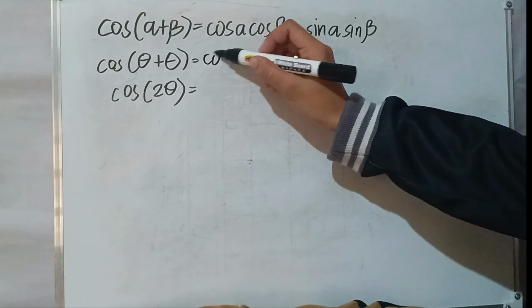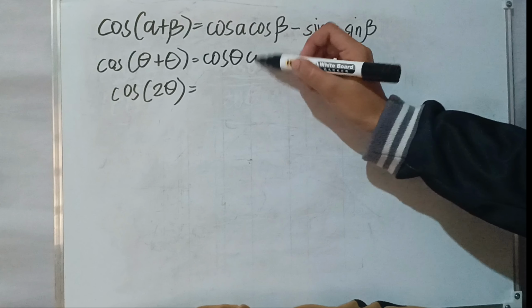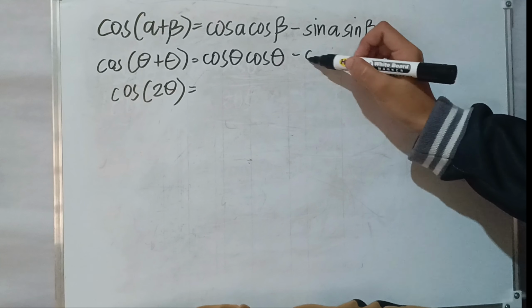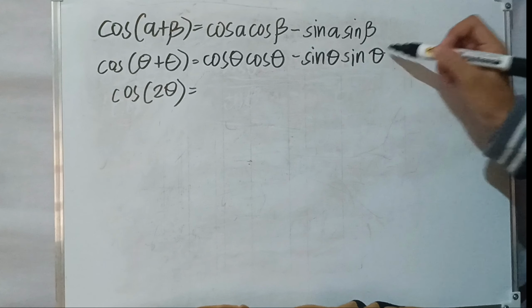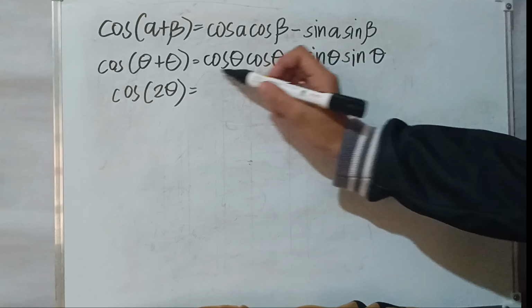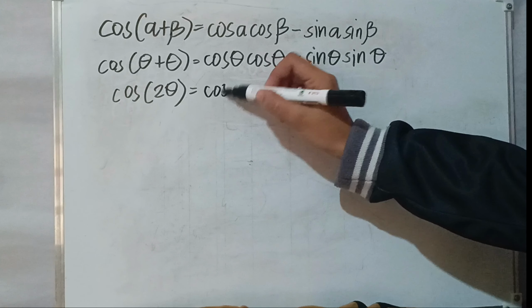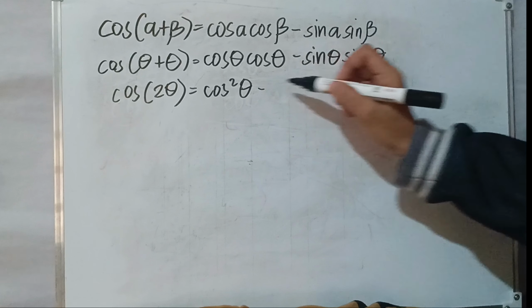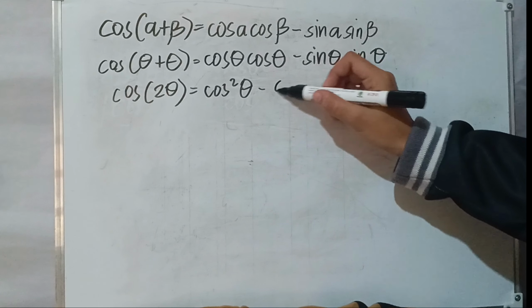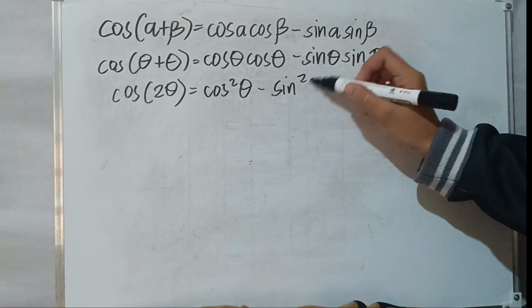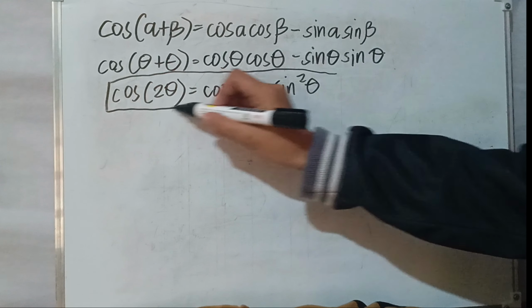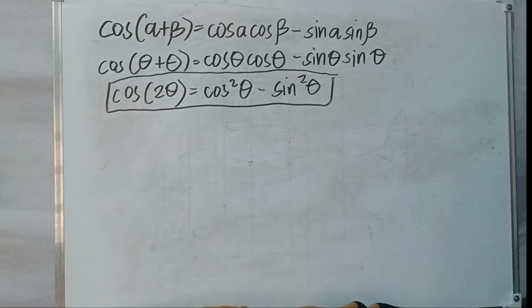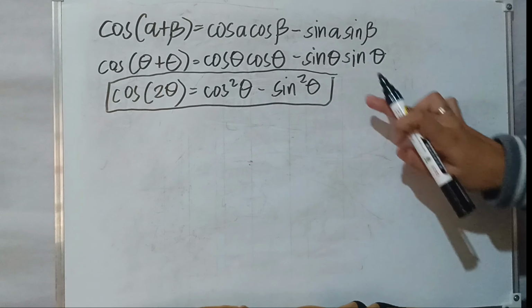So cosine theta times cosine theta minus sine theta times sine theta. Cosine theta times cosine theta is equal to cosine squared theta, minus sine theta times sine theta, which is sine squared theta. And now we have the double angle identity formula for cosine.